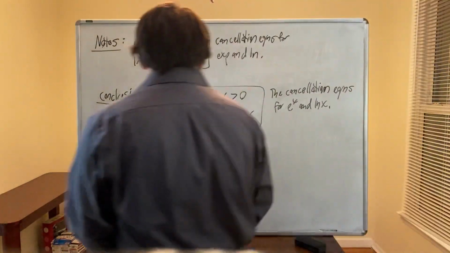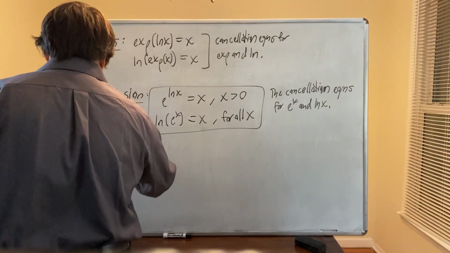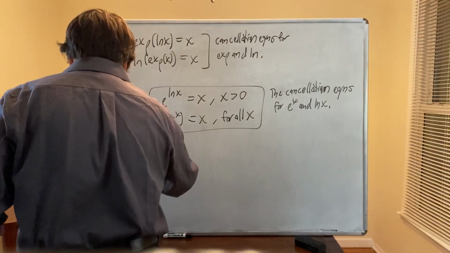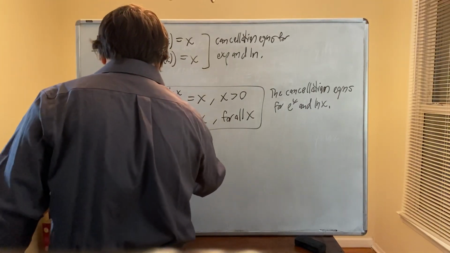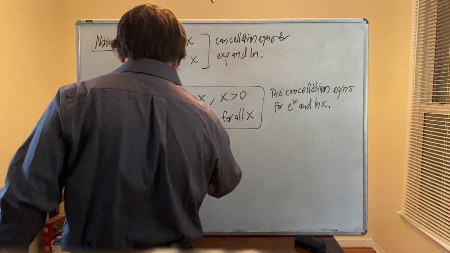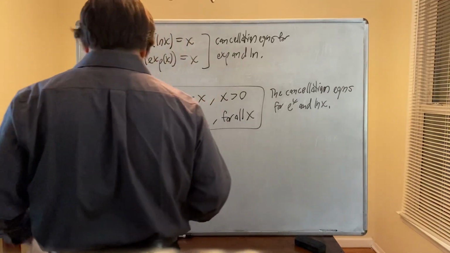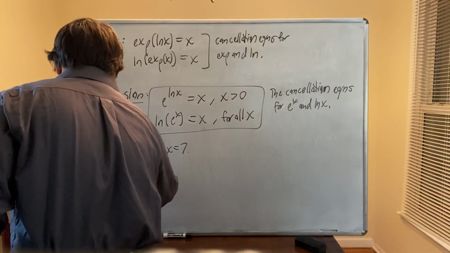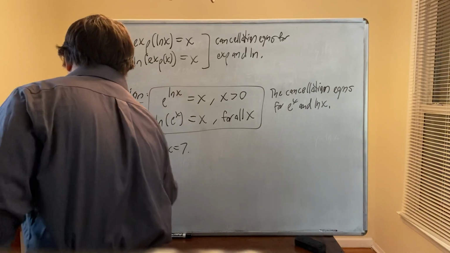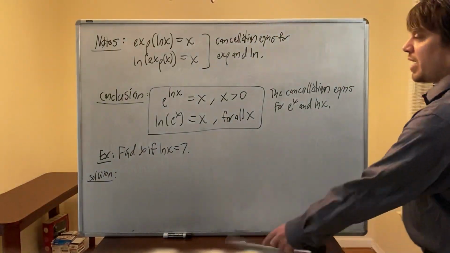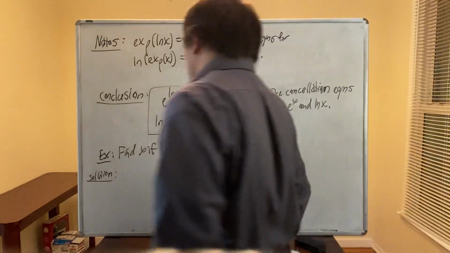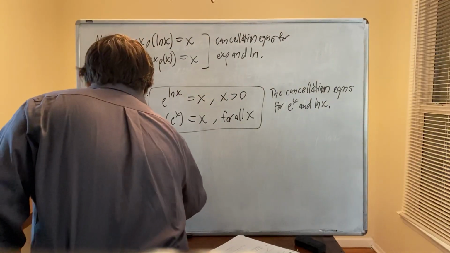Okay, an example. Find x if ln x equals 7. Solution. Okay, so the problem is find x if ln x equals 7. So first I'm going to write ln x equals 7.